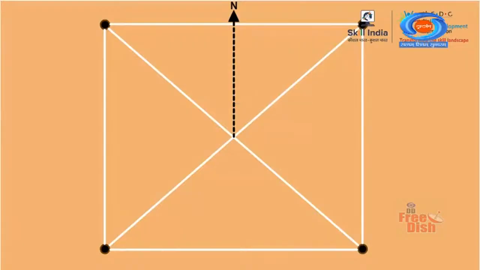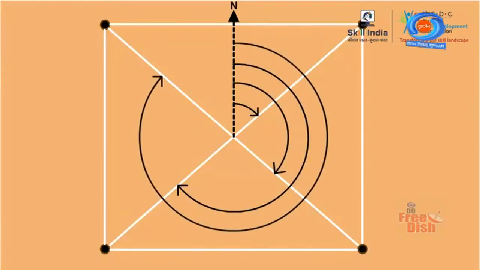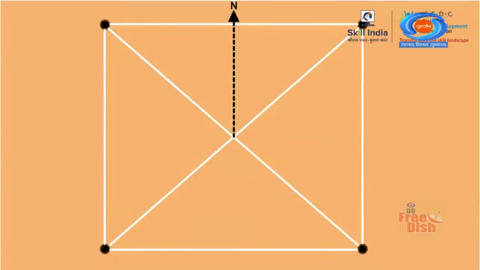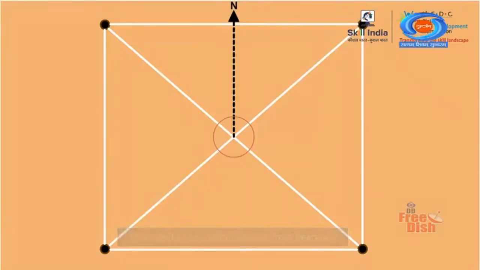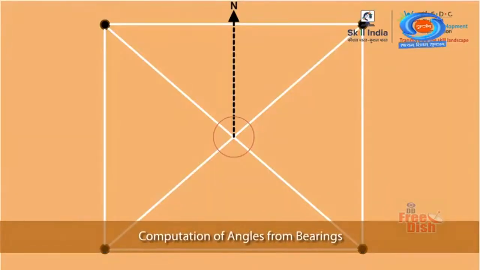Let us suppose you have a map or plan that shows the measurements of all survey lines only in terms of bearings, whereas you require knowing the measurement in angles. How would you compute the angles from bearings? Let us find out the answer by going through this module.